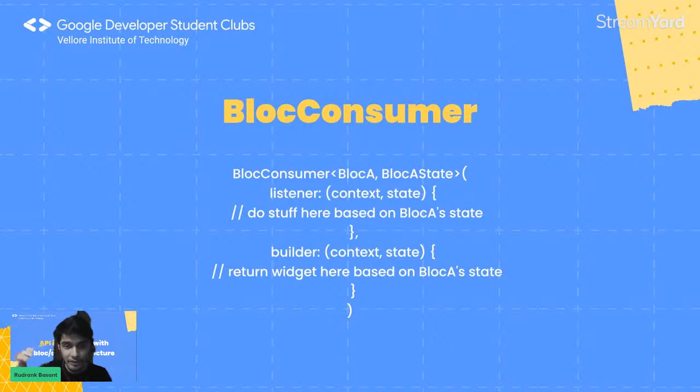So the builder will tell the app to remove all the widgets and show the blue loading state. But as soon as the user is added and you want to shift to the next screen, the listener will know the success state is emitted by the cubit, and the listener will shift your screen to another screen if you have defined it that way.